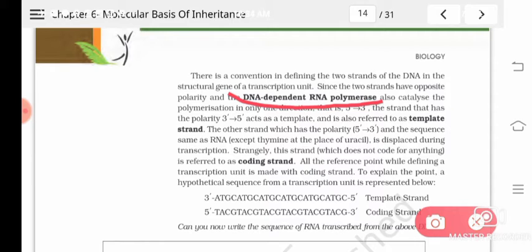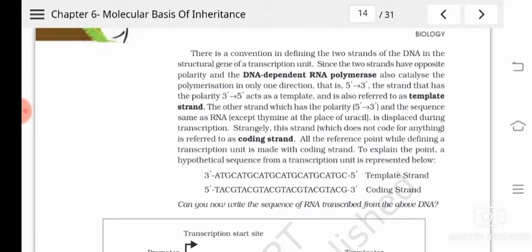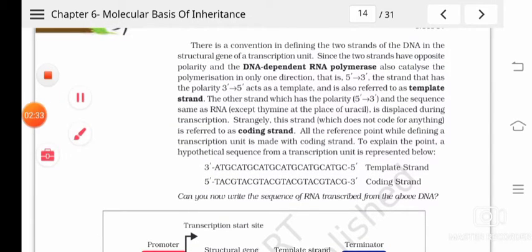Why is it called DNA dependent? Because here the polymerase adds the nucleotides according to the information present in the DNA. Understood? By reading the information of DNA, RNA is synthesized. As we know, there are two strands in DNA. One is in the 5'3' direction and the other is in the 3'5' direction.